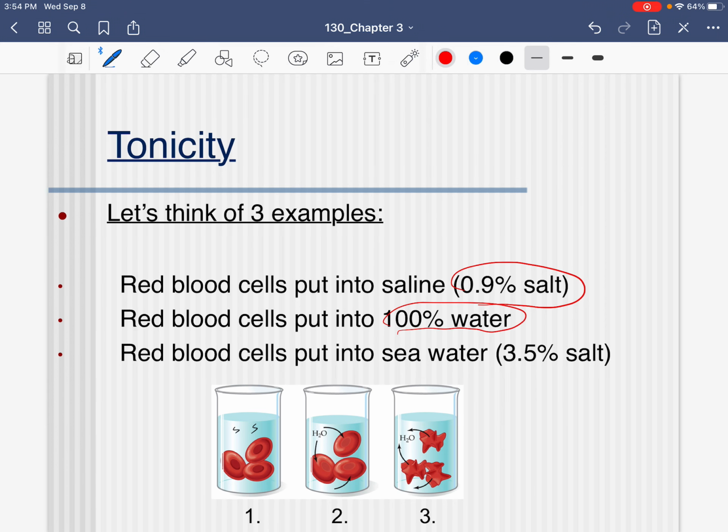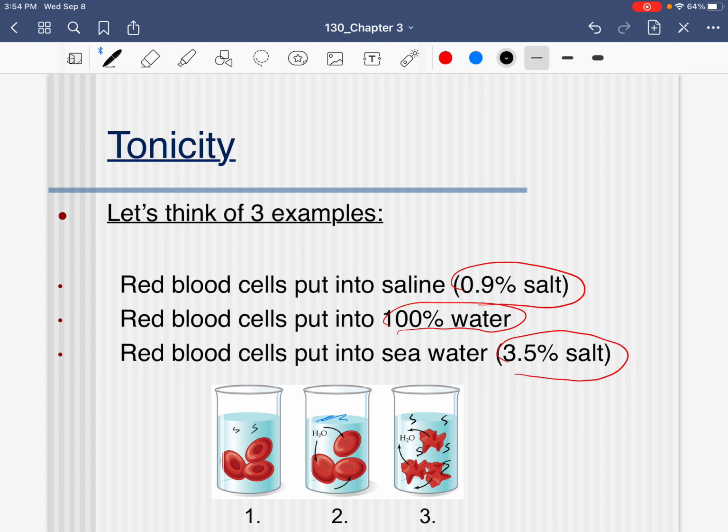In beaker 2, we're putting those red blood cells in 100% water. So it's just water. In sample 3, we're putting the red blood cells in an even higher salt concentration. This is about the equivalent of seawater. So here, we have the red blood cells immersed in a much saltier solution.